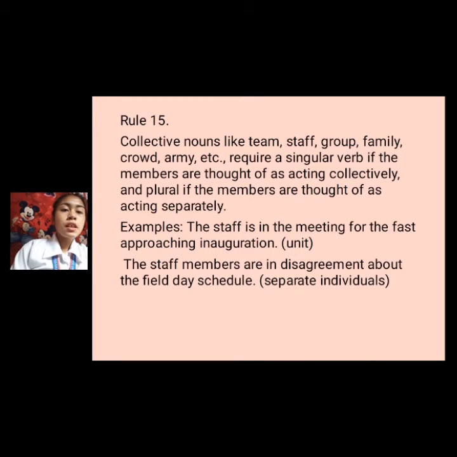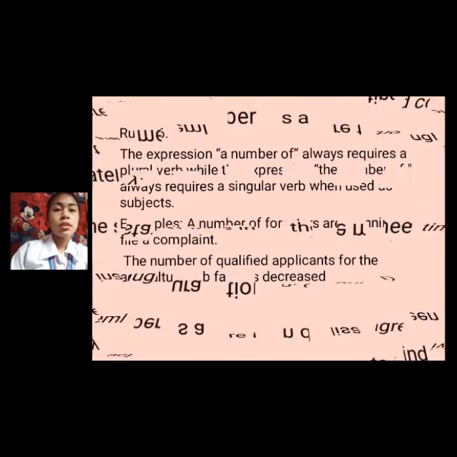Example: The staff is in the meeting for the fast approaching inauguration. The second example is, the staff members are in disagreement about the field day schedule. They are separate individuals.